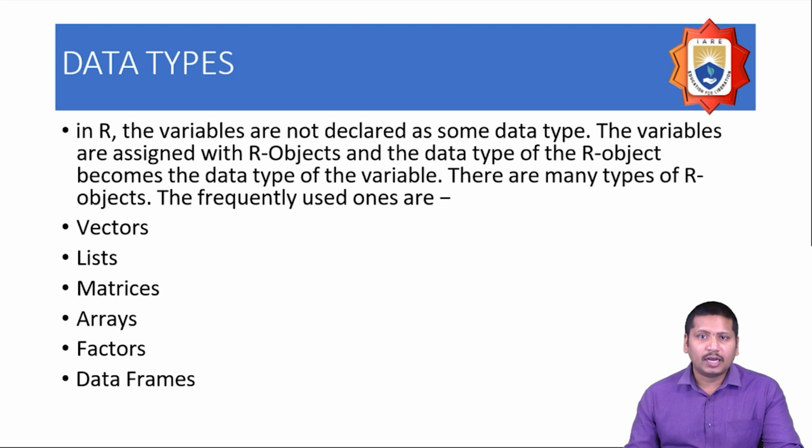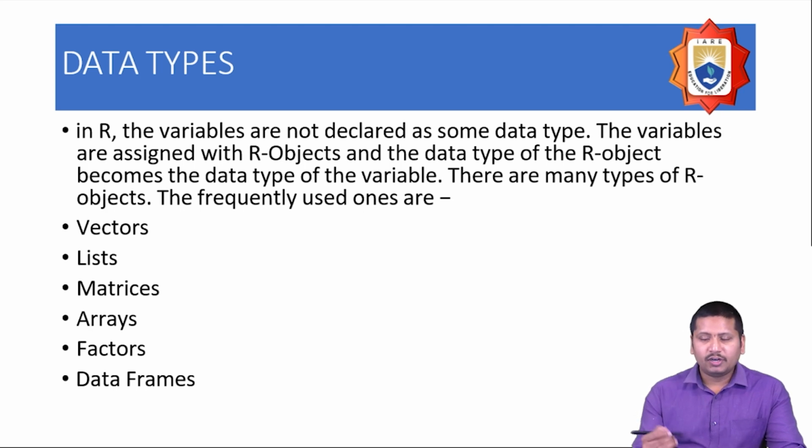The variables are assigned with R objects, and the data type of the R object becomes the data type of that variable. And there are many types of R objects. Frequently used ones are vectors, lists, matrices, arrays, factors, and data frames.